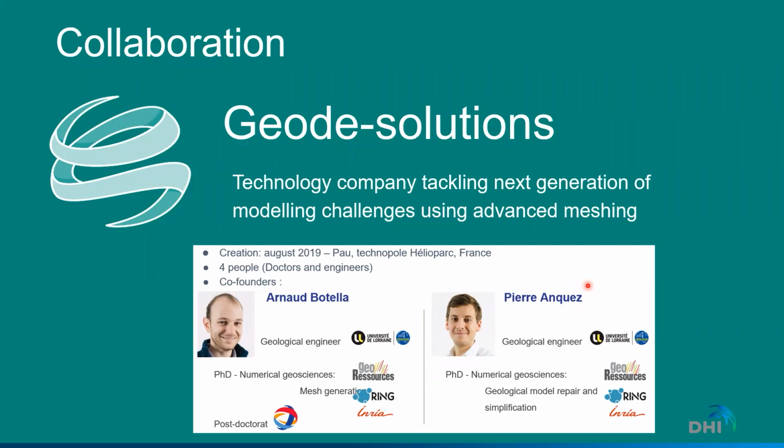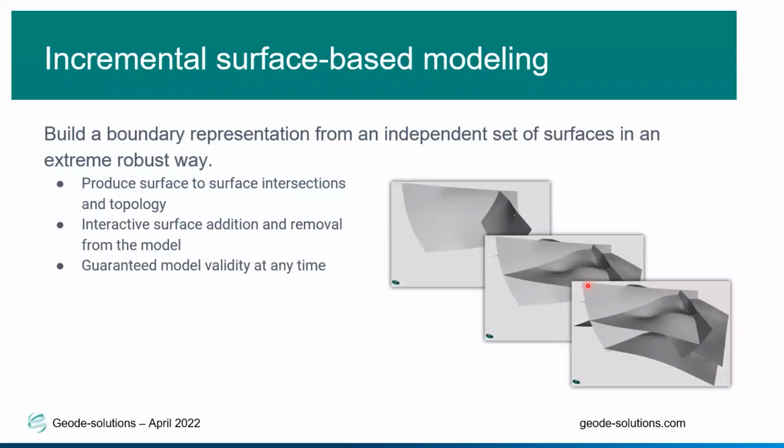They offer a very interesting technology associated with the next generation of modeling challenges using advanced meshing. They really specialize in meshing. A few examples are incremental surface-based modeling, where you can introduce your different surfaces and update your conceptual model every time.